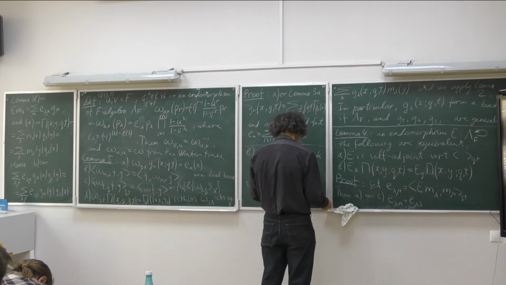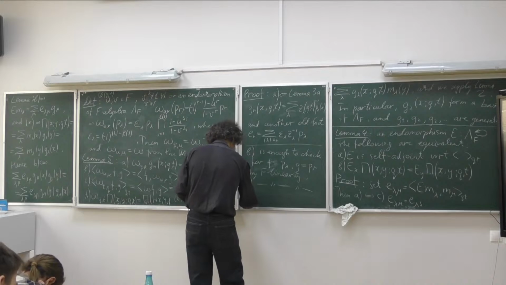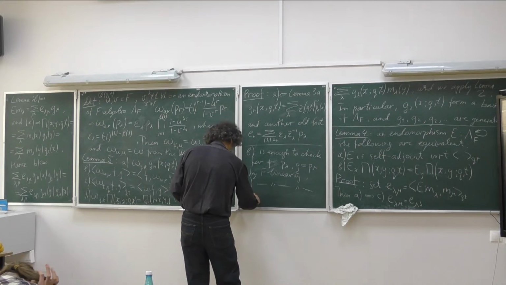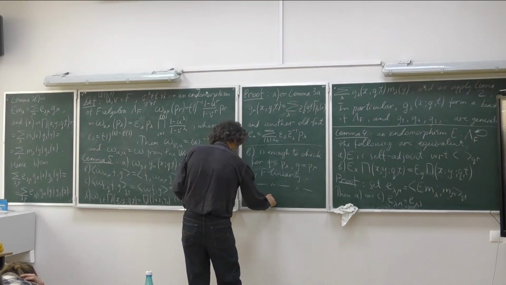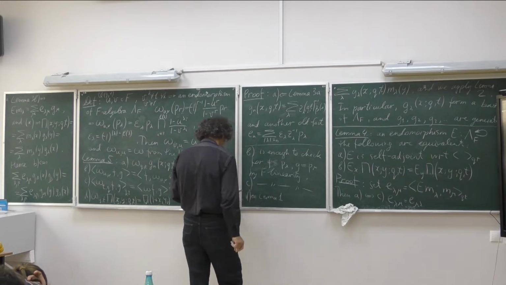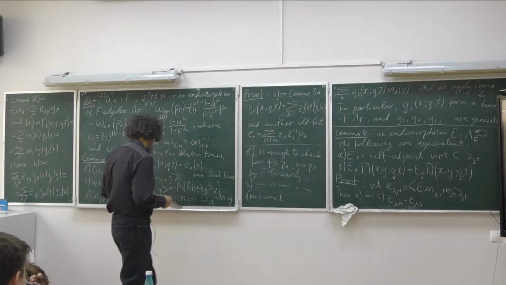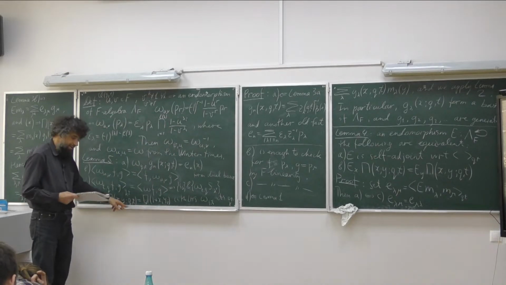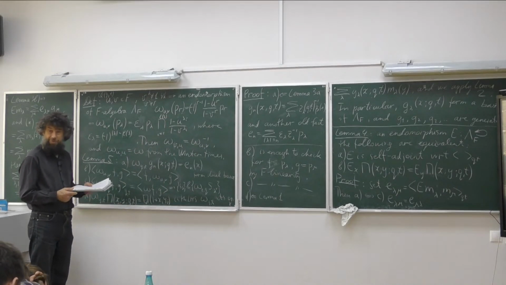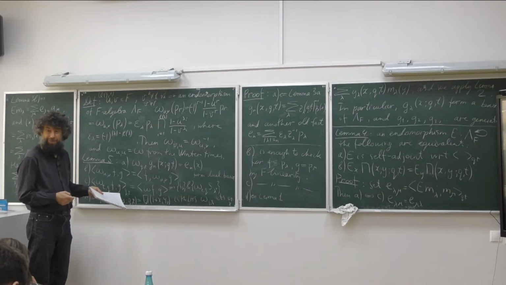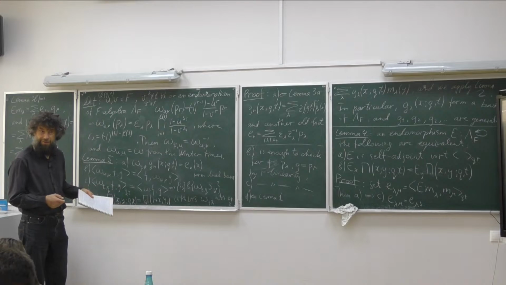And finally D follows from lemma 1, and lemma 1 was the decomposition of this product into infinite sum of power sums again: p_lambda of x, p_lambda of y with z_lambda inverse coefficients.